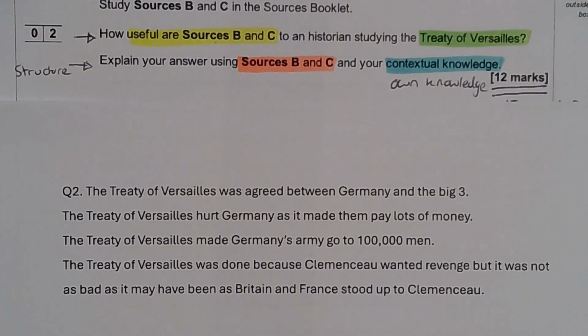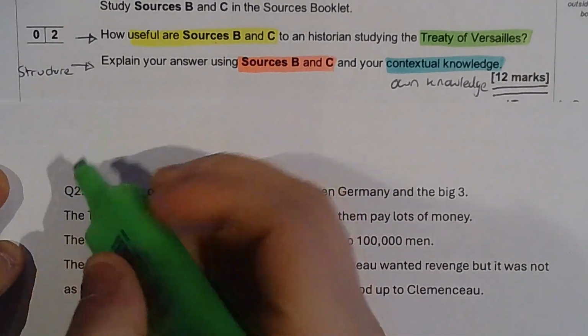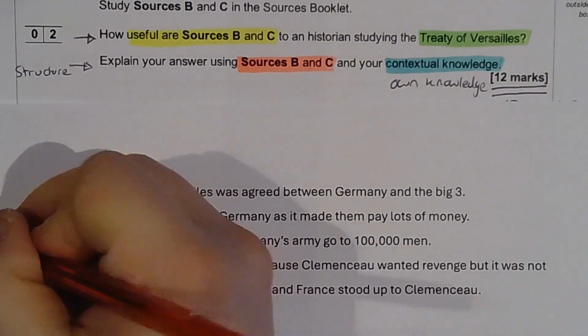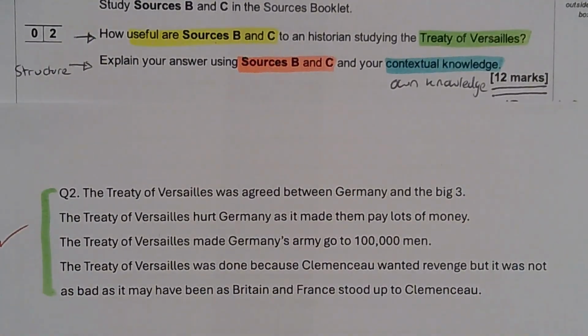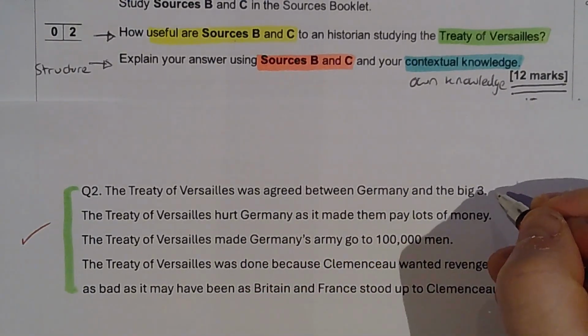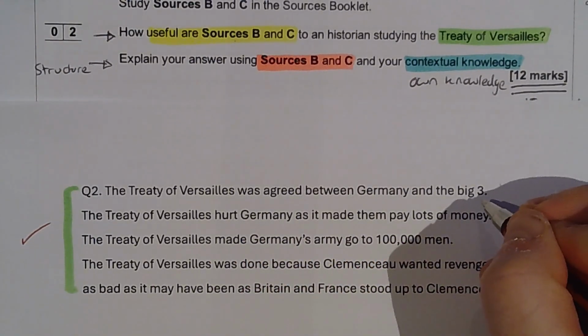So as an examiner, what I see here is a lot of information about the Treaty of Versailles. So I can straight away give you marks for that. So I can tick that and give you marks. Now, if I look through, I can see that it mentions the Big Three.